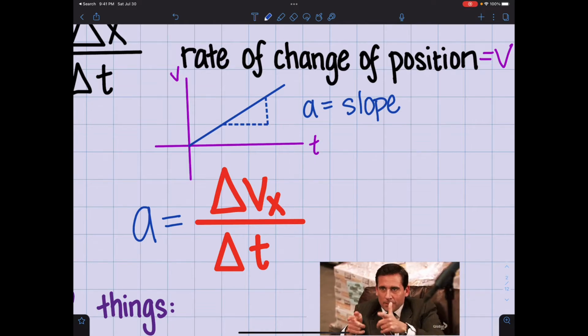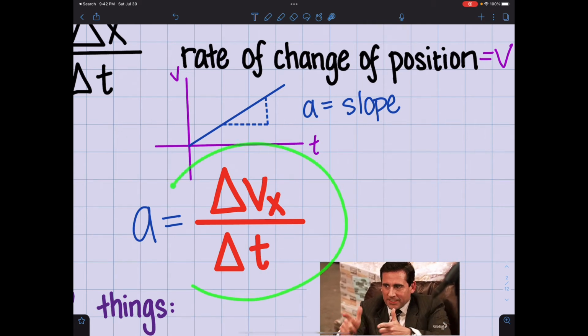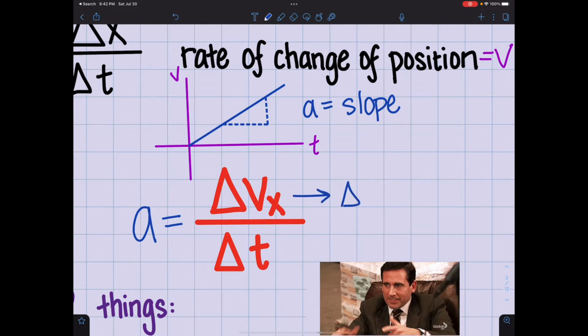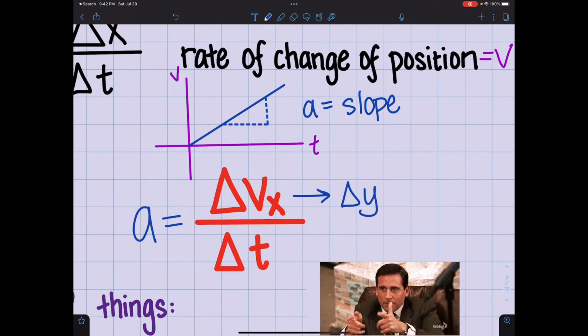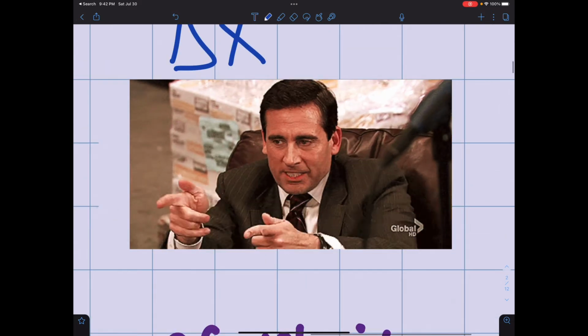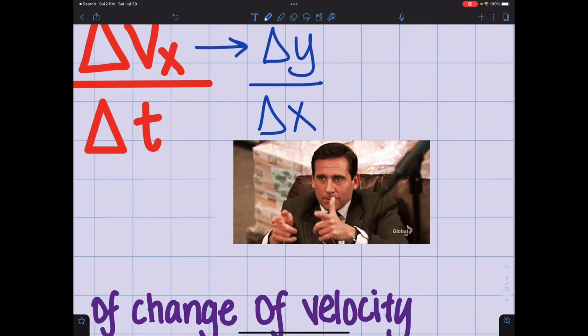Remember how velocity was the slope of a position time graph? So now it makes sense that acceleration is the slope of a velocity time graph, because if we look at this equation, then this is the change in the y-axis, or the up and down, and this denominator is the change in the x-axis. You guys have probably got this down, right?